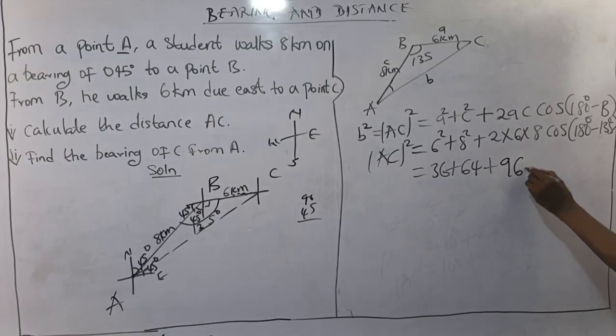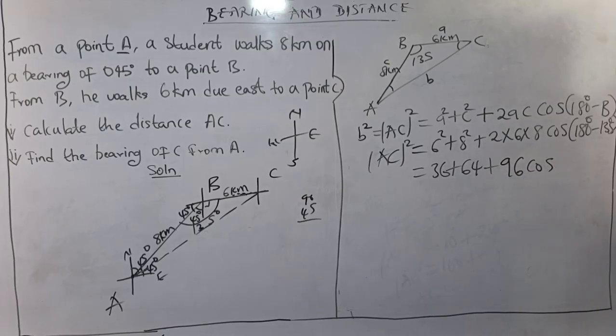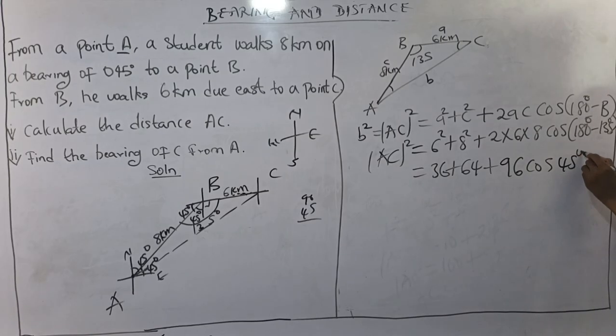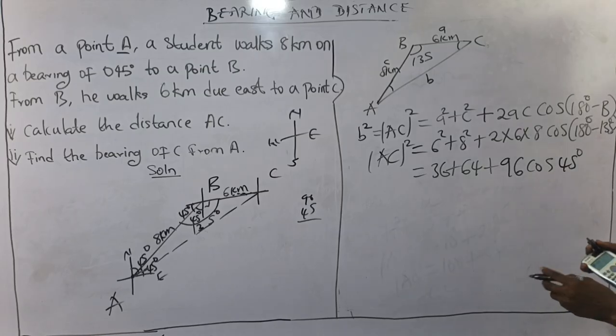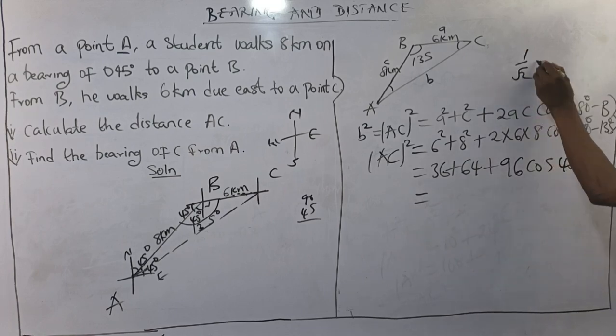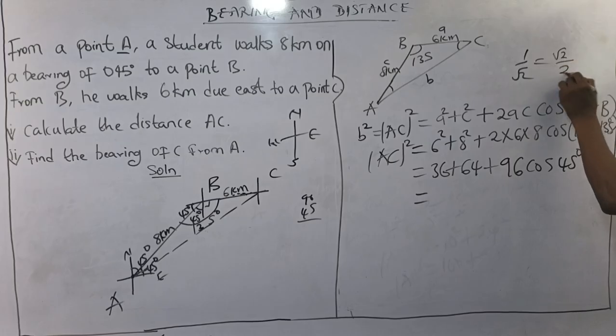And I have my 96 cos. So I'll check 180 minus 135, which will give me 45 degrees. Now, I will simply have cos 45. Cos 45 is 1 over root 2, which if I rationalize should give me root 2 over 2.